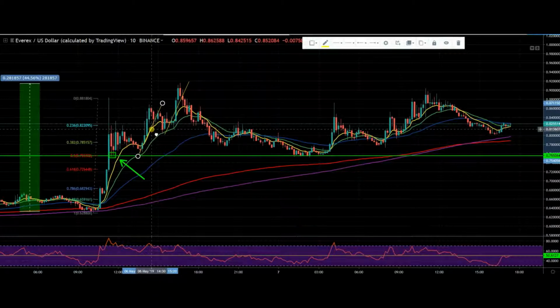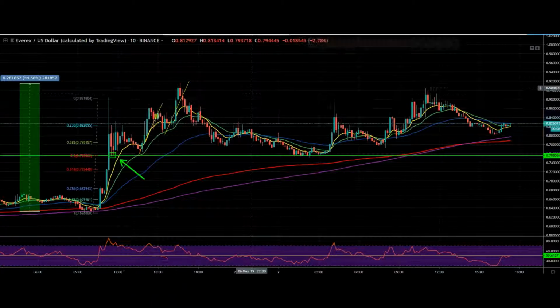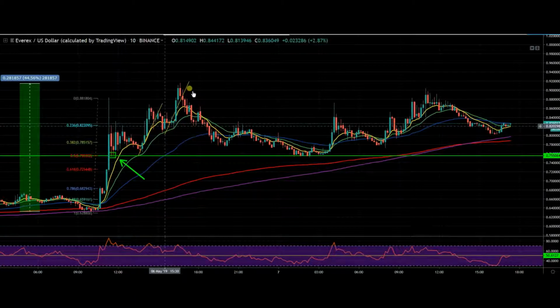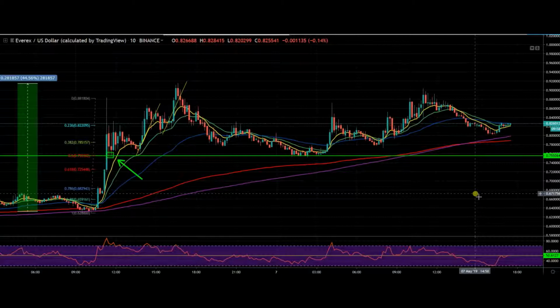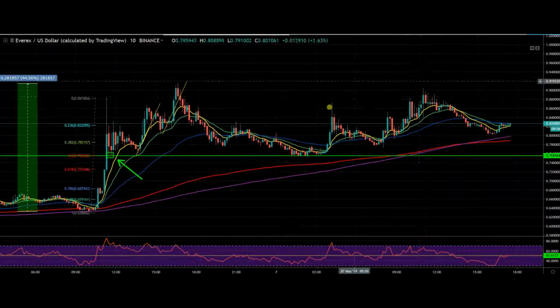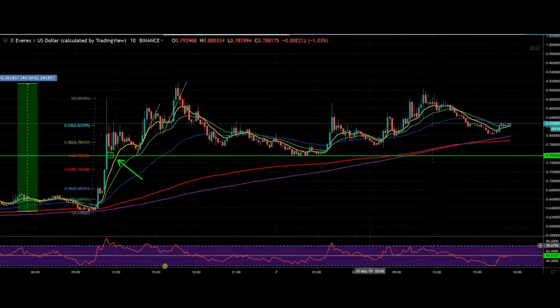So the market loves this confluence. This, not confluence, that's the wrong word, but this move is equal to this move is equal to this move, the big move is equal to the big move. This is key in trading, because when you get to these equal level moves, there is going to be profit taken.